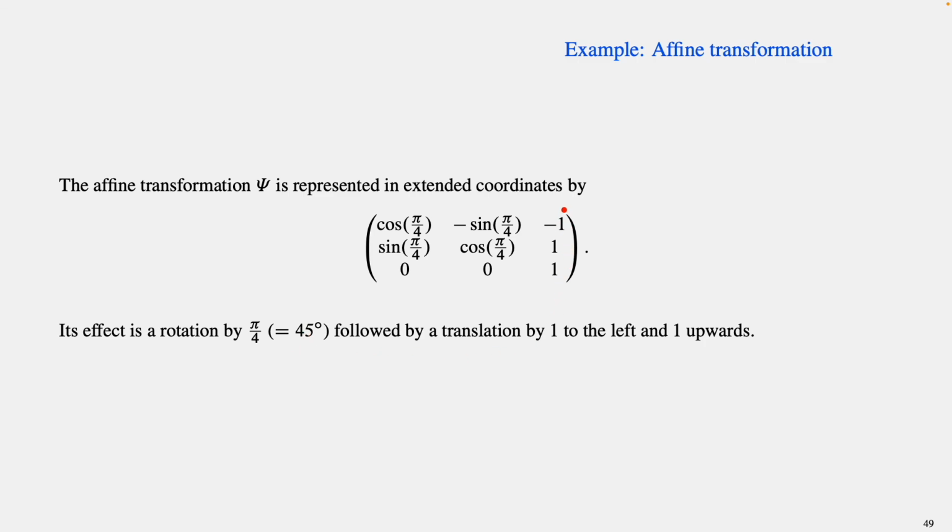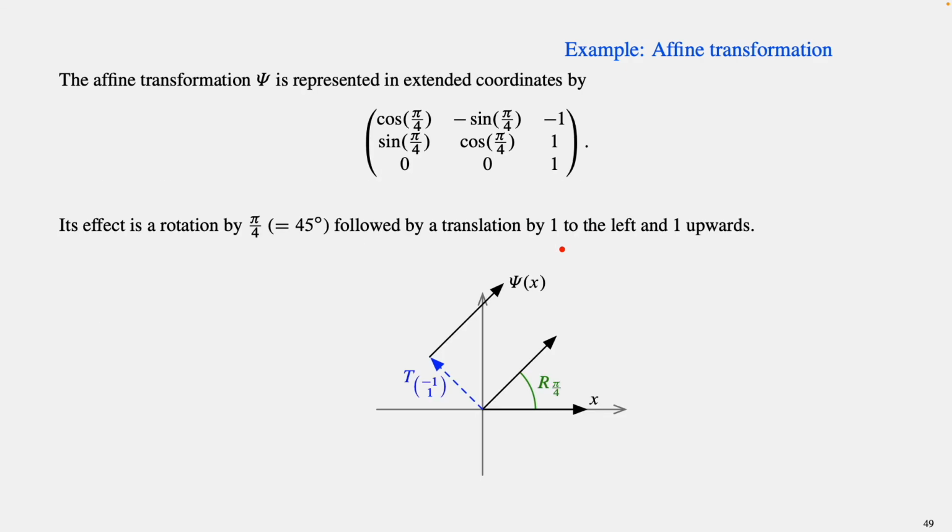And here the extended coordinates of the translation vector, we have -1, 1. So we translate 1 to the left, because the positive direction is to the right, and 1 upwards.